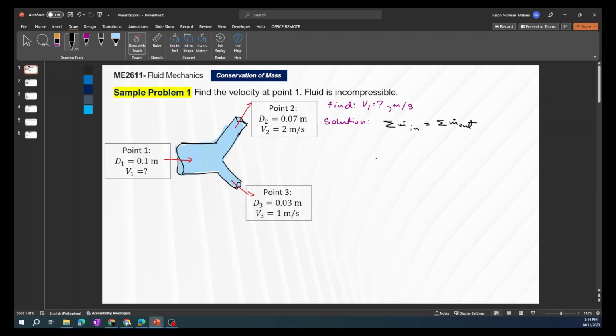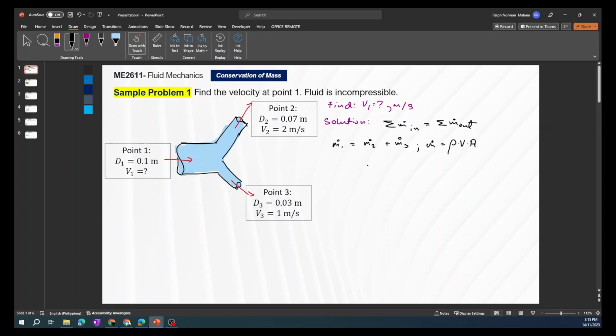Since this is incompressible, we can further expand our solution into this. Basically, this is mass flow rate at 1 equals mass flow rate at 2 plus mass flow rate at 3. And we can expand further. Recall that mass flow rate is simply equal to density times fluid velocity times the area.